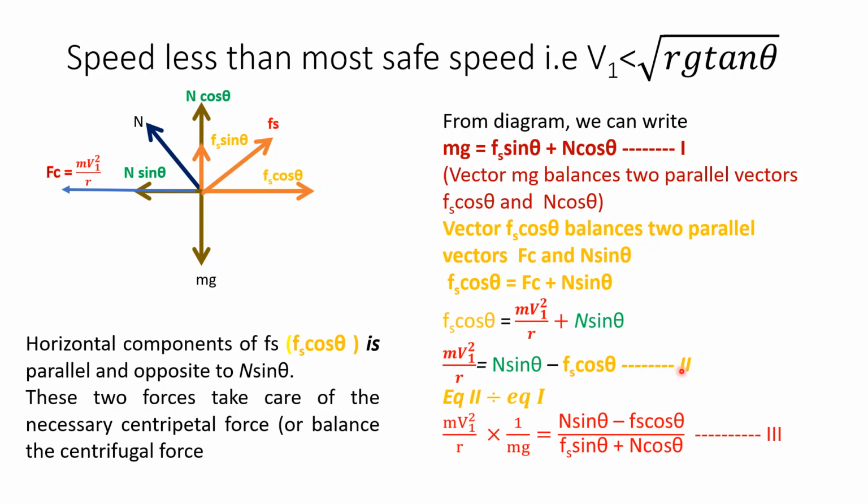Now let us divide equation 2 by 1. We can write m v1 square upon r into 1 upon mg equals N sin theta minus Fs cos theta upon Fs sin theta plus N cos theta. Here we can cancel out some terms from the left hand side.